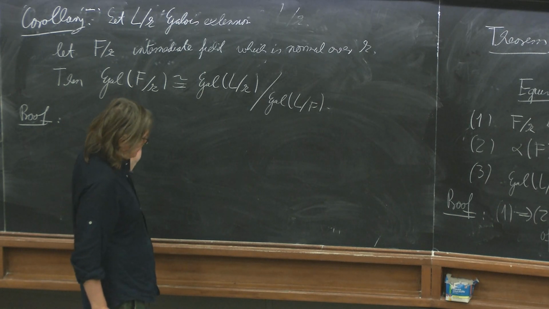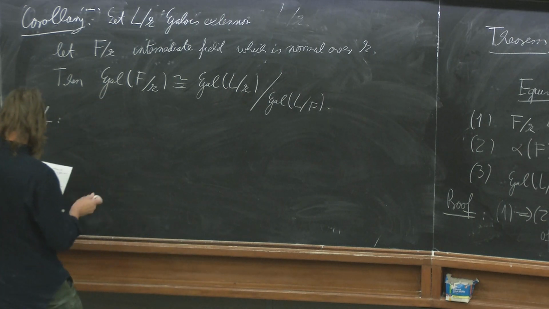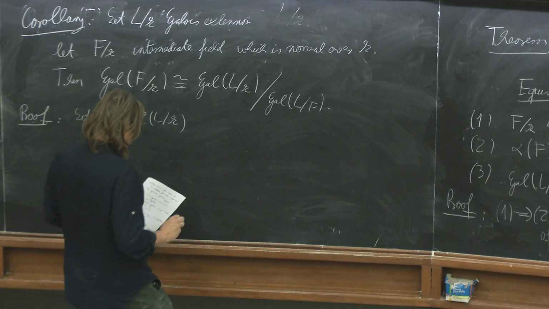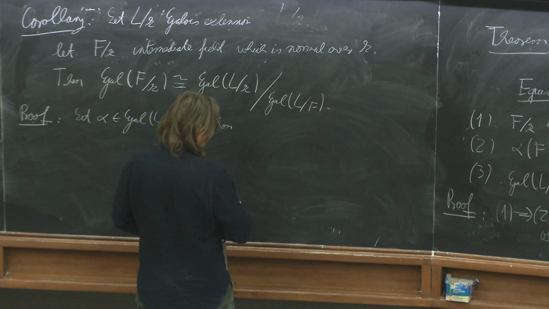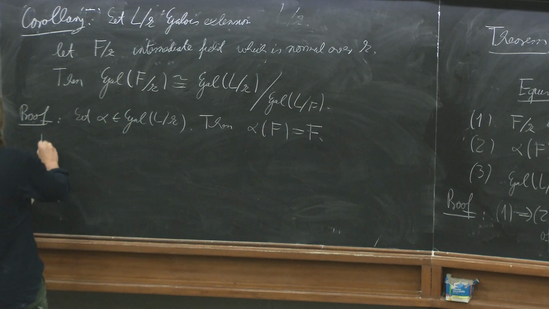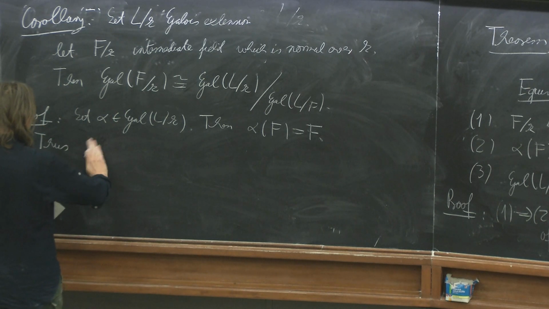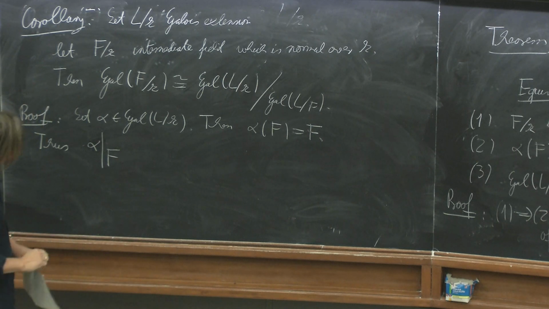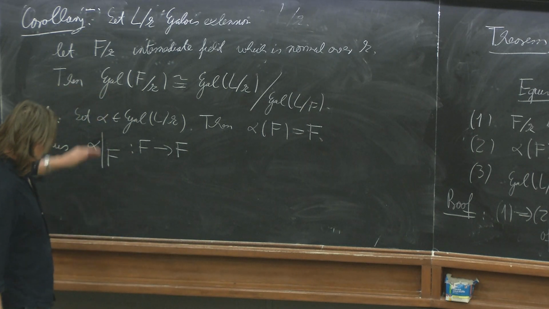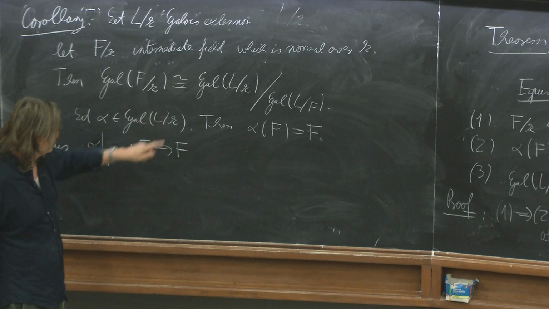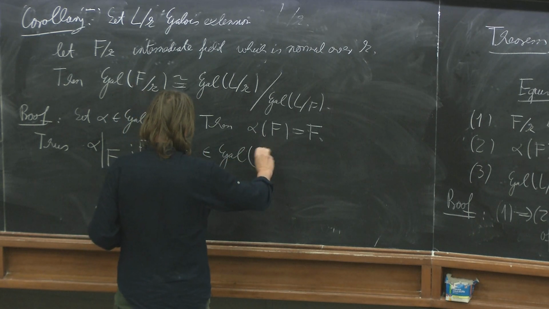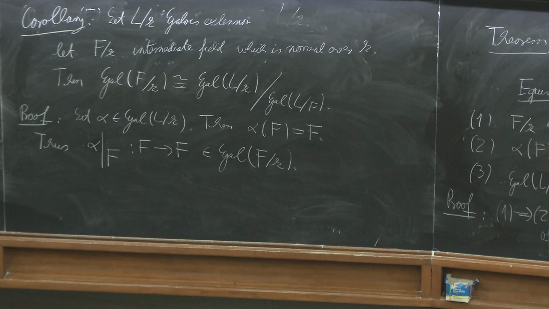So they themselves will give us automorphisms of F. So let alpha be an element in the Galois group of L over K. Then we know by this theorem that alpha of F is equal to F. So thus, if we restrict alpha to F, this is now a map from F to F. It's a restriction of an element in the Galois group here, so it's the identity on K. So it's a K-automorphism of F. So this is an element in the Galois group of F over K. So we get this just by restriction.